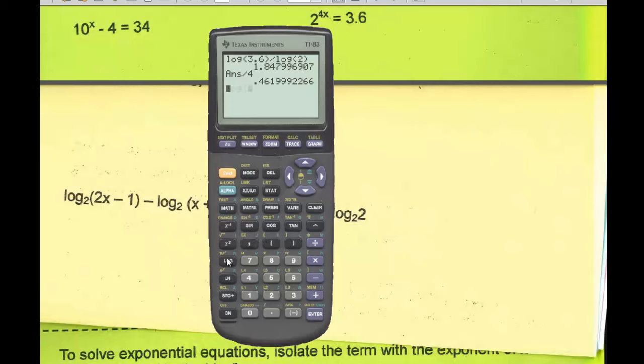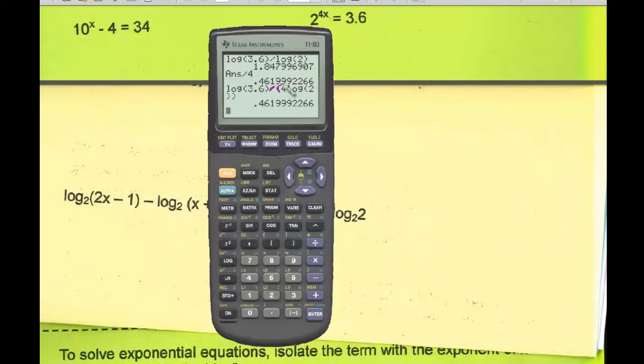Another way to put this in would be log of 3.6 divided by, at this point, open up parentheses and put the 4 here, log of 2, close parentheses twice, and we get the same answer as above. The only problem with this is most students forget to put in a negative sign.